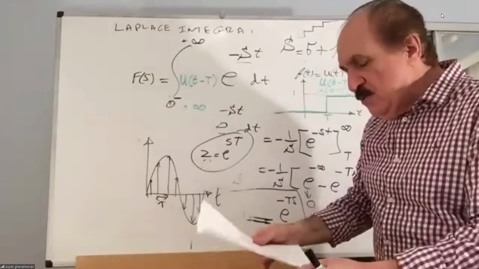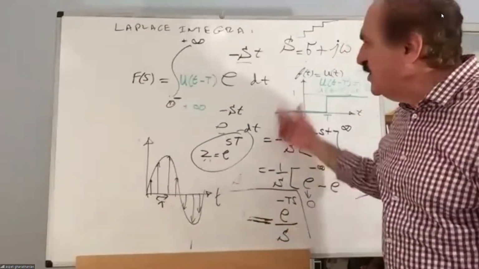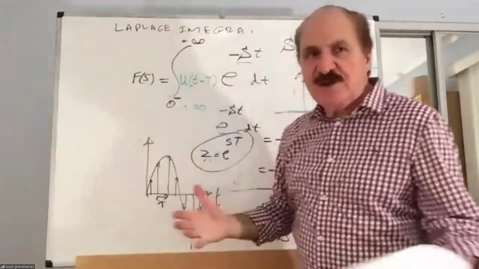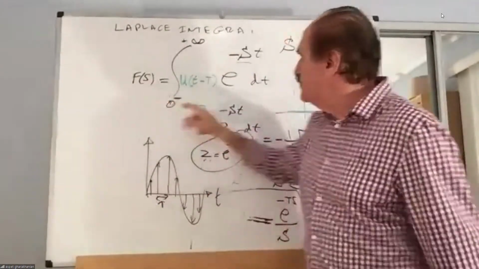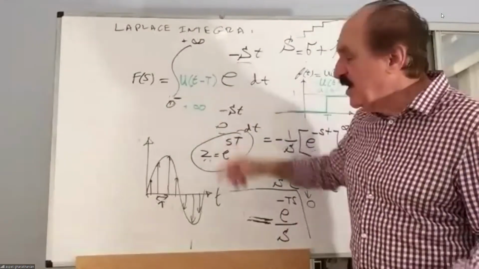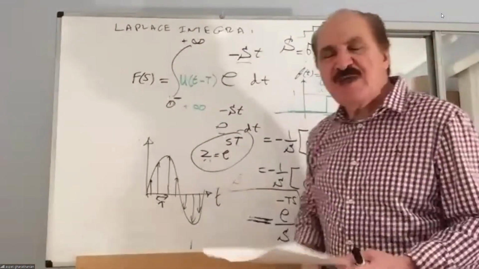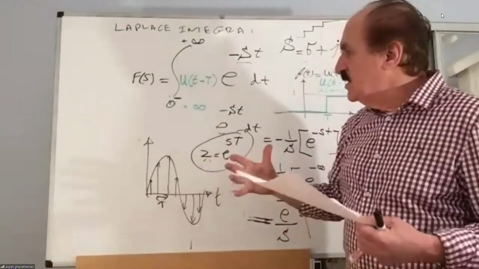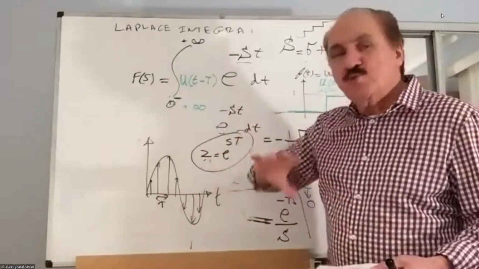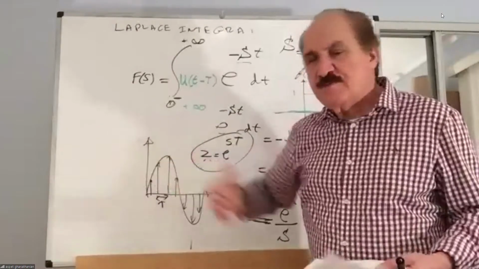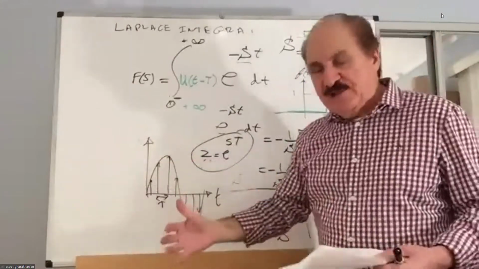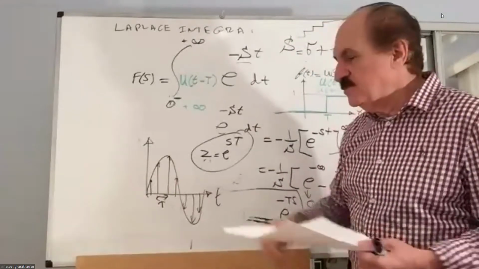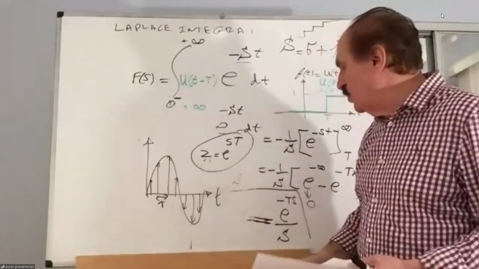Now, let me define, because you saw a function emerging, finally, F of s. For a function of time, this function is a rational function, and it has two parts, a numerator and a denominator. The numerator will in general be a polynomial. The denominator will also be a polynomial.